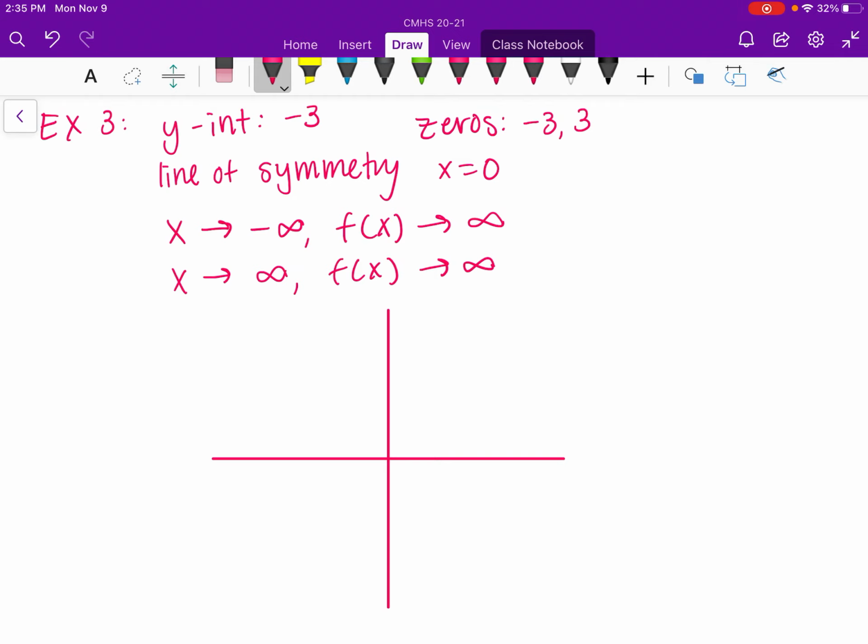Here's our graph. We're going to go to 3 on all sides. All right, let's use our hints, our clues. First, the y-intercept is at -3, so right there. The zeros are also at -3 and +3.